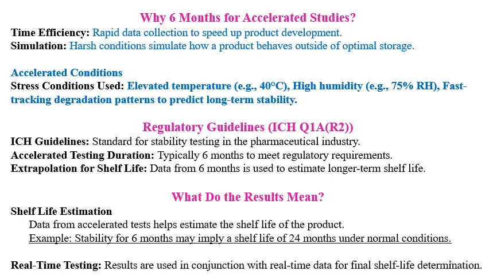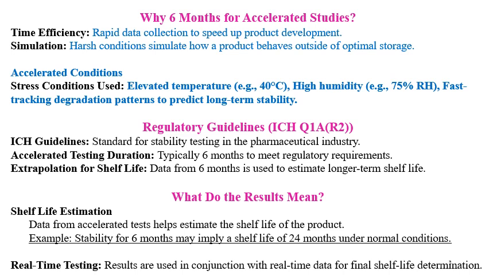Now we'll see why the 6-month study is performed. The 6-month study is a shorter period of time and it provides rapid data collection to speed up the product development and harsher conditions to simulate how the product behaves outside the optimal storage.